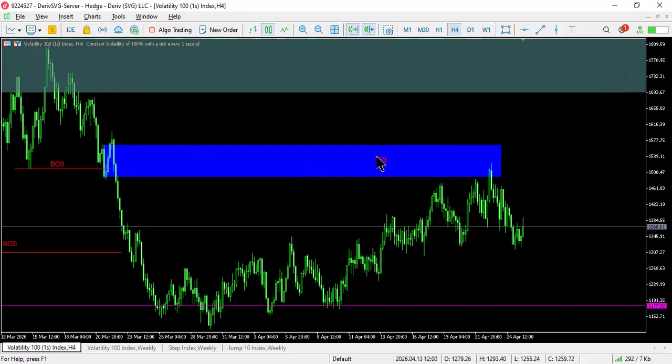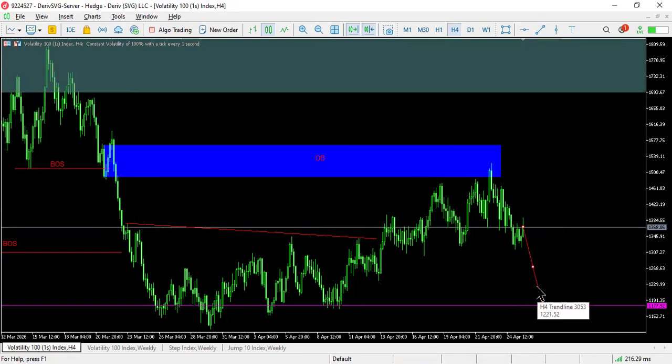Our order block will be there, and we can see price just stepped into our order block. As we can see, price swept the liquidity that was sitting here and then went to tap into our order block. Now we are getting a push to the downside. Therefore, we're only going to be looking for a selling opportunity until we get to this swing low.